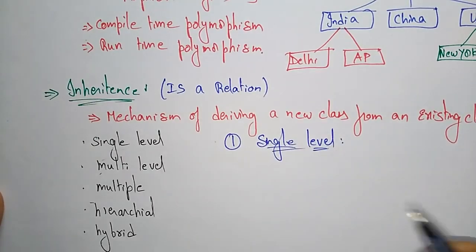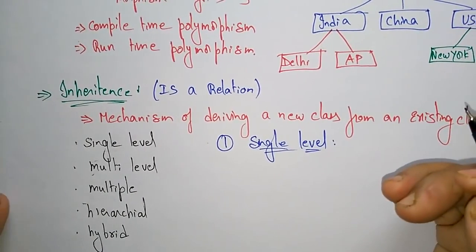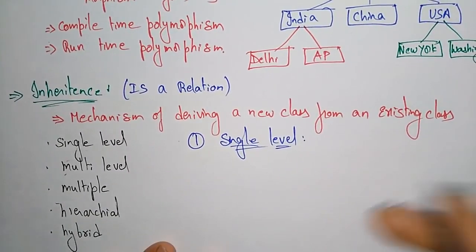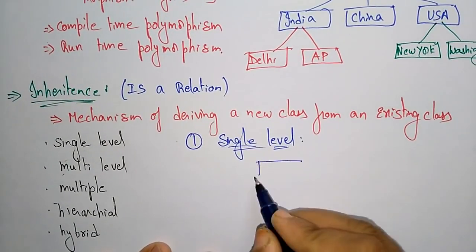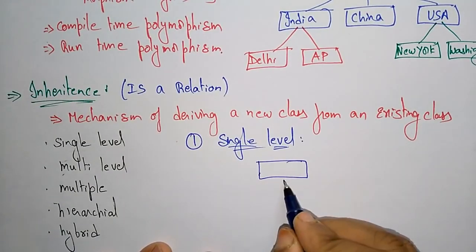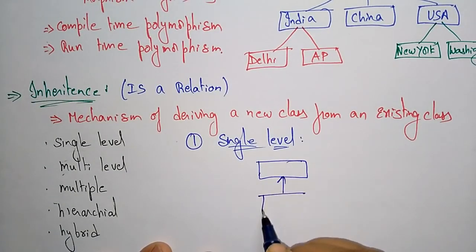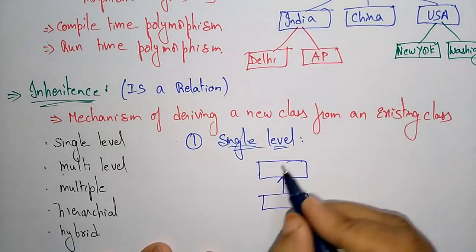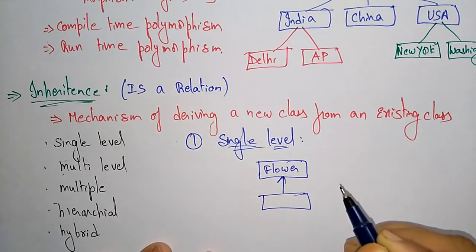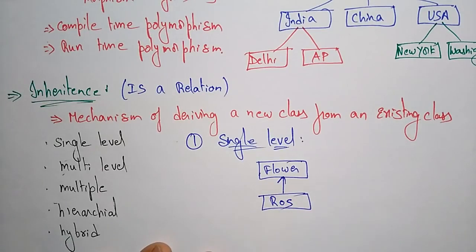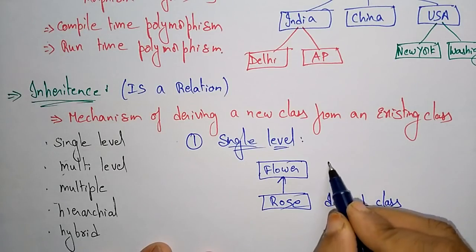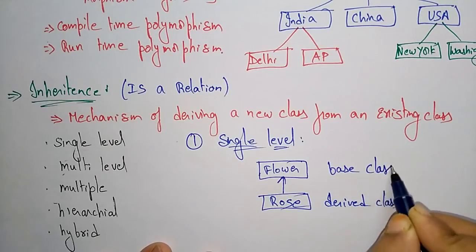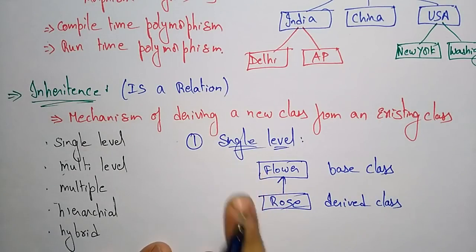I said inheritance is a mechanism of deriving a new class from an existing class. If one class already exists, we derive a new class from the existing class. Here suppose there is flower, and the rose. This you call the derived class, and this is the base class. From the base class we derived another class.